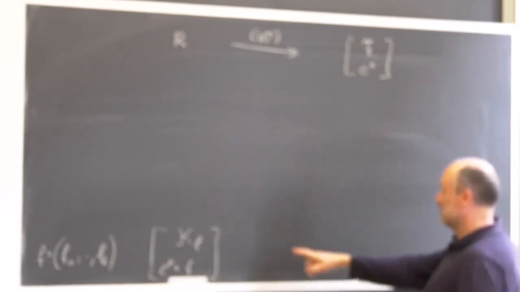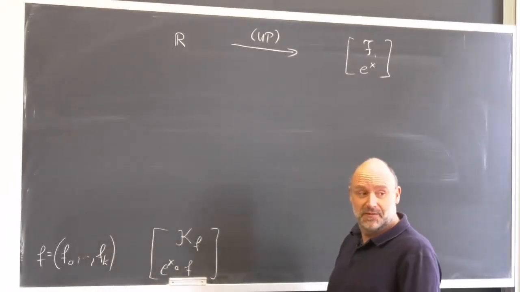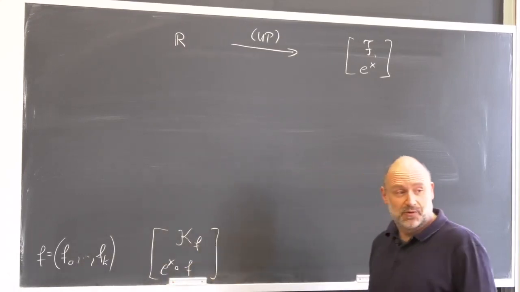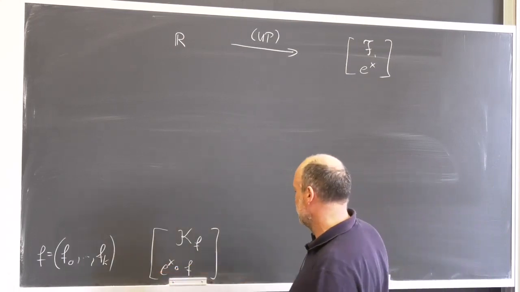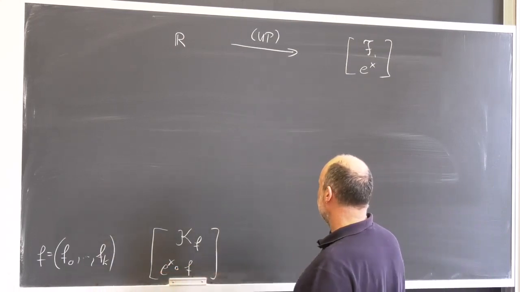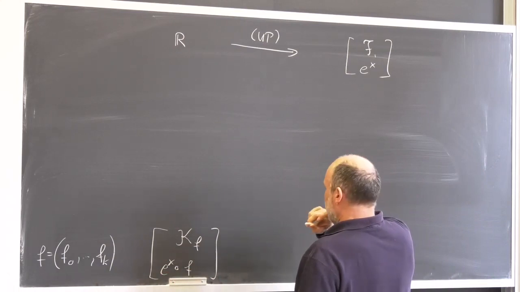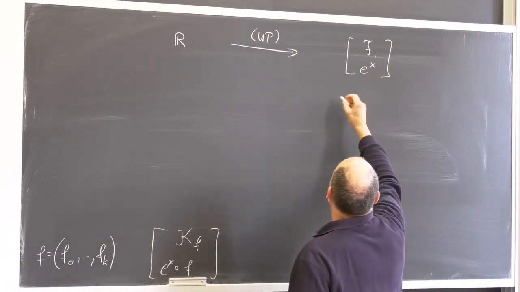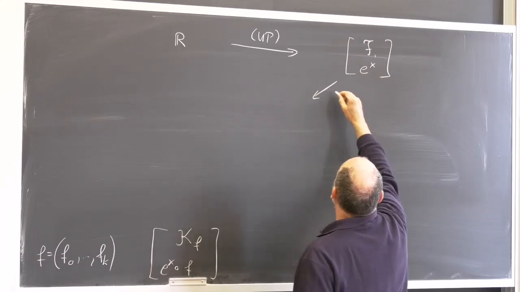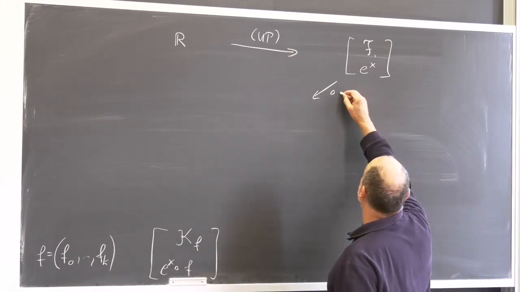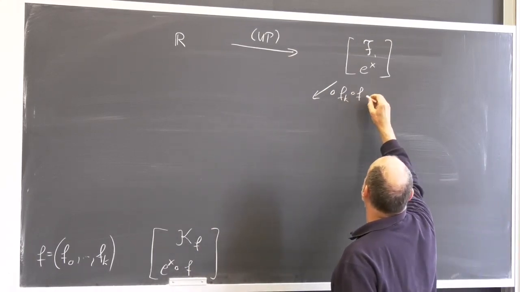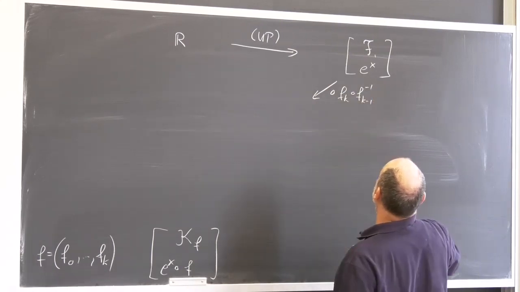I would like to end up in a Hardy field whose corresponding transseries or series are generated by these terms here. To do that, what I would do is be shifting on the right, first time not with log, but with f_k composed with f_k inverse.